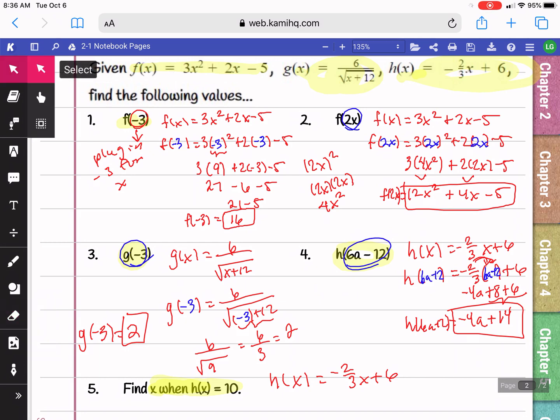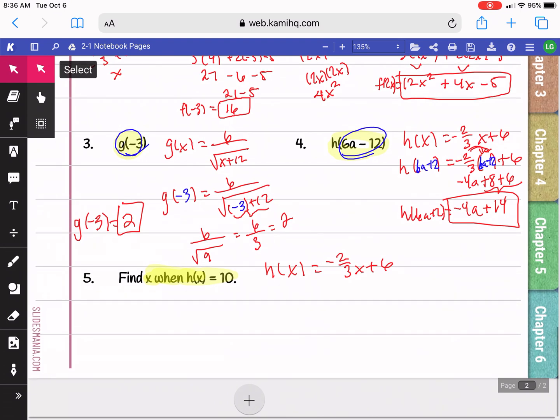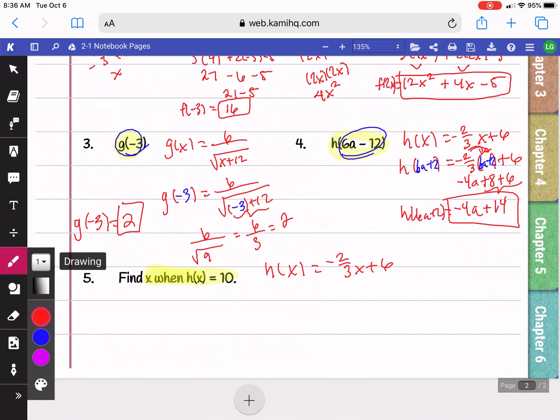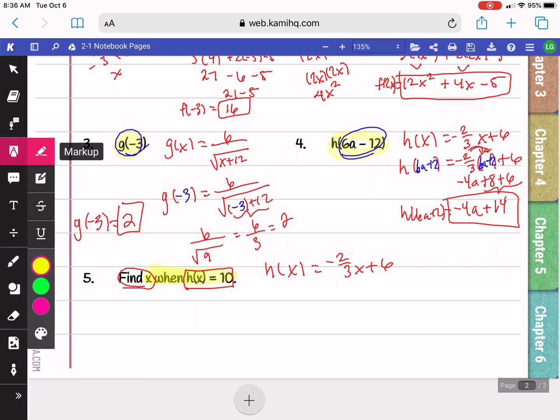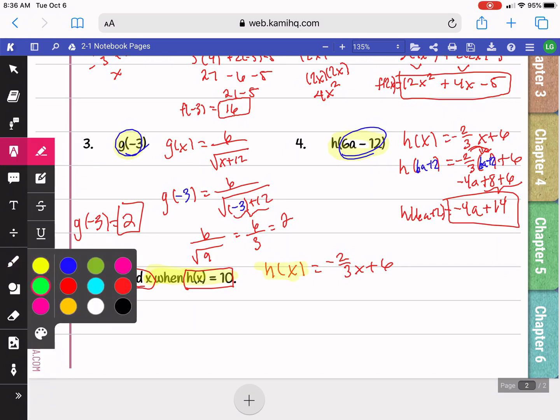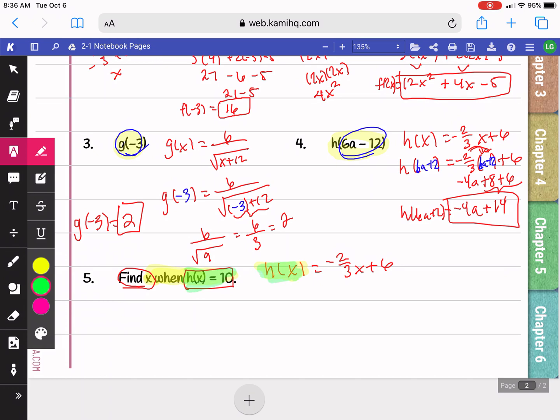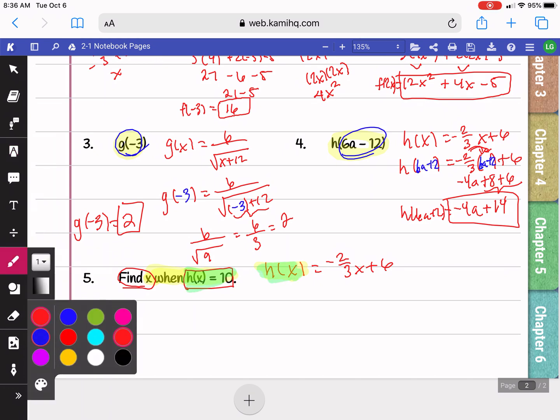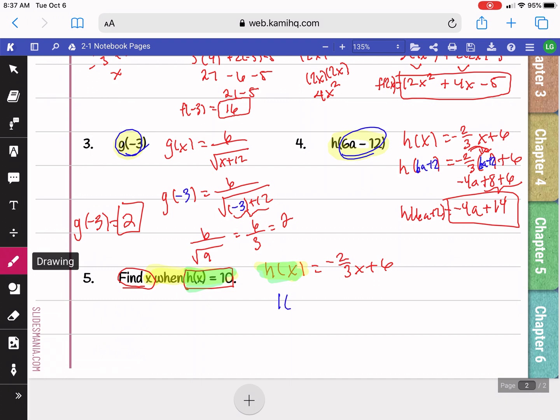So they're actually giving us our output this time, and they want us to find our input, or x. They're telling us h of x equals 10, so we're not plugging in 10 for x. What they're saying is h of x right here is equal to 10. So that whole answer is equal to 10.